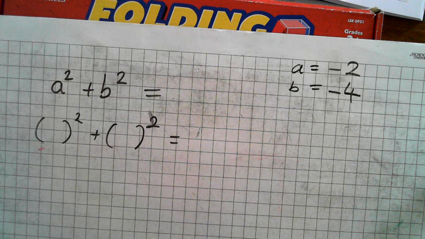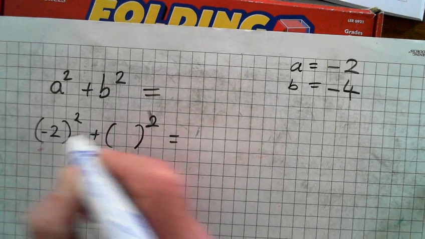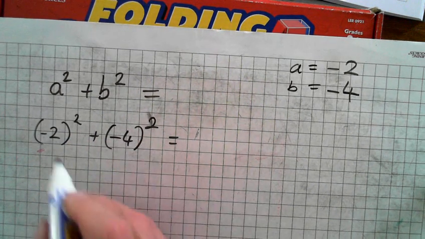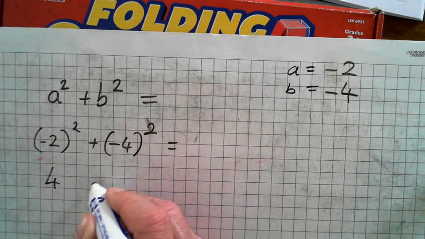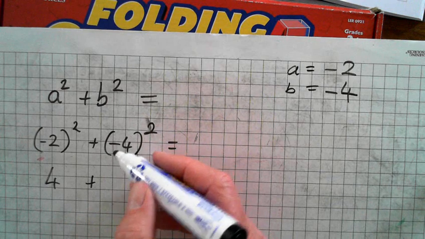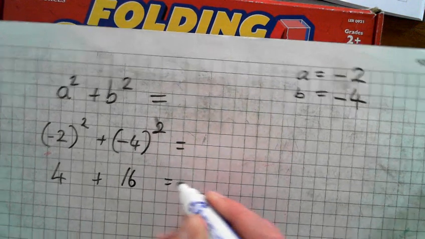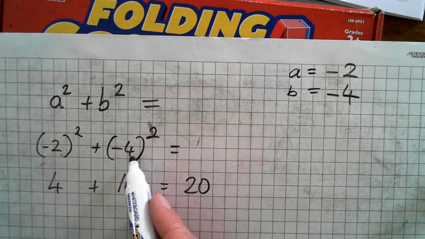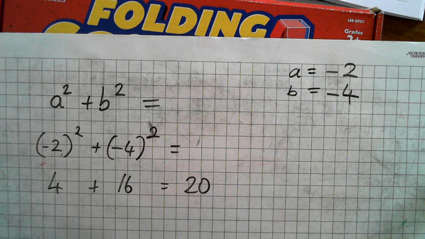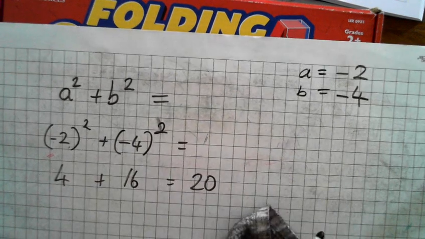Okay, so what do you get? You put in minus 2 and minus 4. So minus 2 times minus 2 is 4, plus minus 4 times minus 4 is 16. So you got 20.